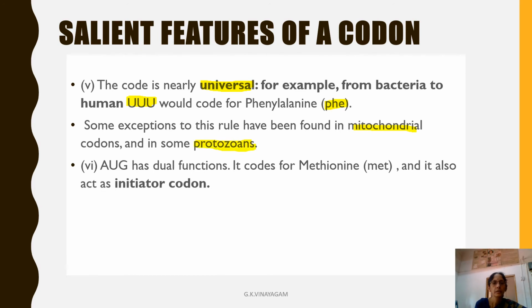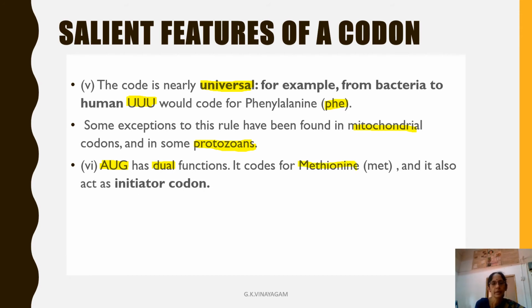Except these two, in all other organisms, triple U codes for phenylalanine. So the codon is said to be universal. And then AUG, which you just came across, is called the initiator codon. It is playing a dual role. Dual role means a double role.